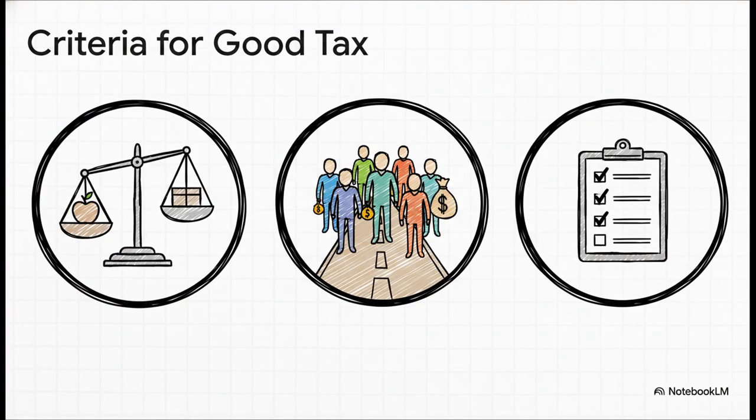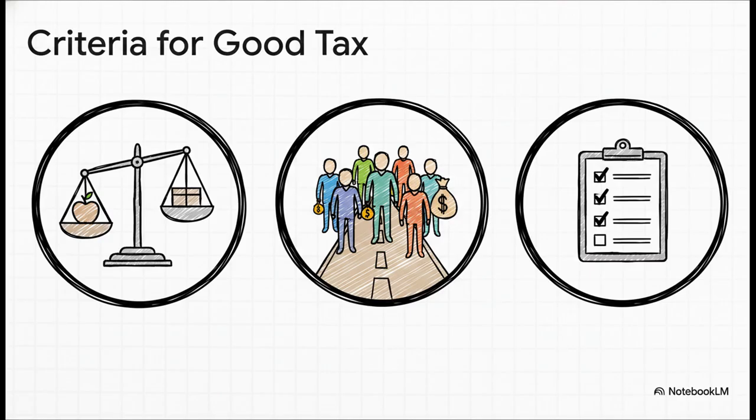We've seen the 2 trillion rand machine and where all the money goes. But how does the government actually fund it? Well, before they just start collecting money, they work from a blueprint of what makes a tax system both fair and efficient. A good tax has to meet a few criteria. First, neutrality, meaning it should mess with relative market prices as little as possible. Then there's equity.